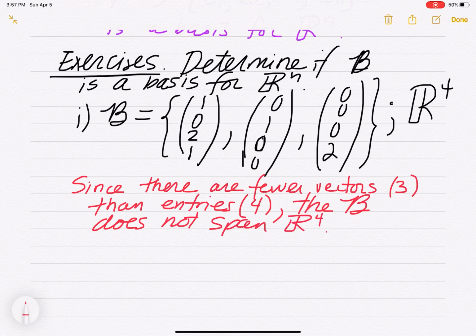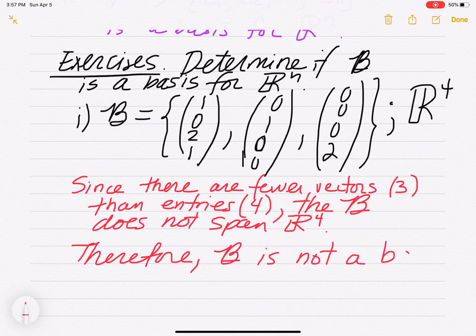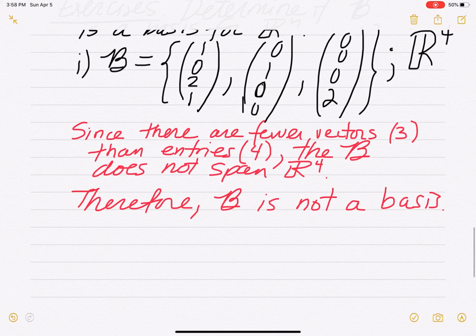Okay, so if it doesn't span R4, it's not a basis. Therefore, B is not a basis. So that's a quick and easy way to figure out if you don't have enough vectors. You have 4 entries, but you only have 3 vectors.